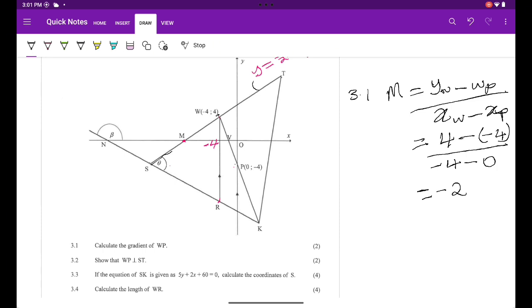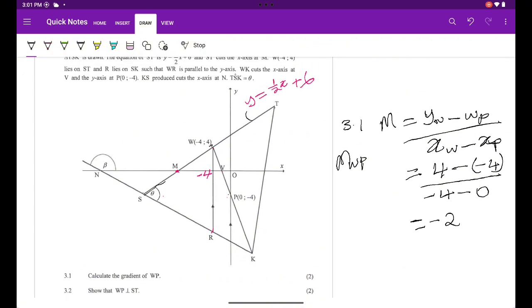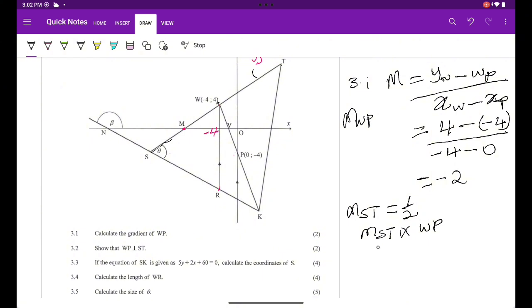We already have the gradient of WP, and we don't have to calculate the gradient of ST because we have the equation, so the gradient of ST is half. Half multiplied by -2 is -1.